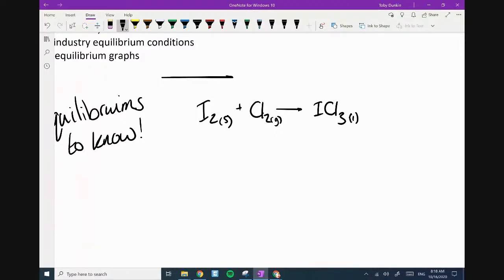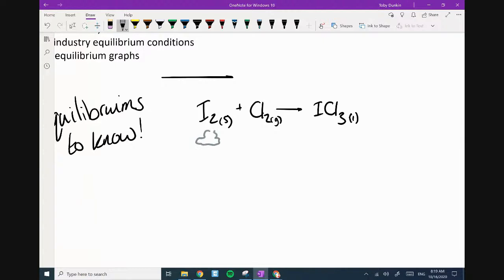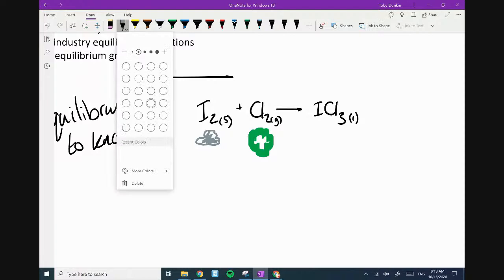So we've got grayish-black iodine. This is where I quite like adding colors and information because you need to know the group 7. So you've got grayish-black iodine, just gray solid. You've got green chlorine gas. See what I did there? It's like a cloud. Oh, moving on. And then you have a liquid, which is like a dark brown liquid.